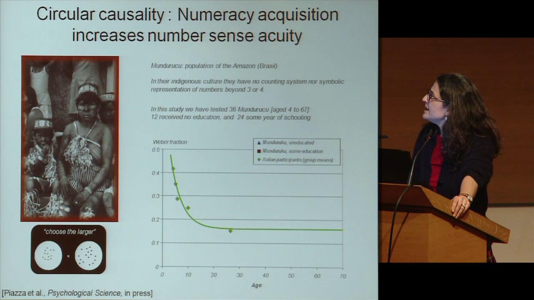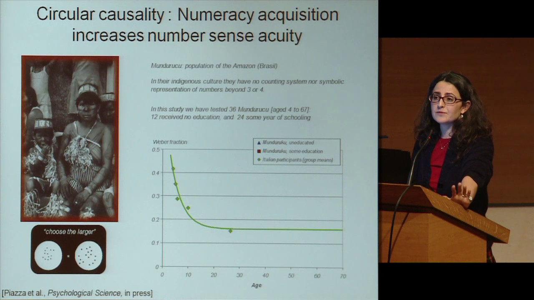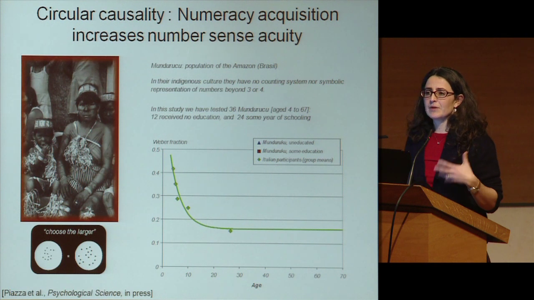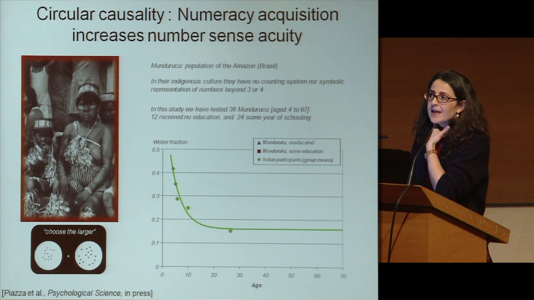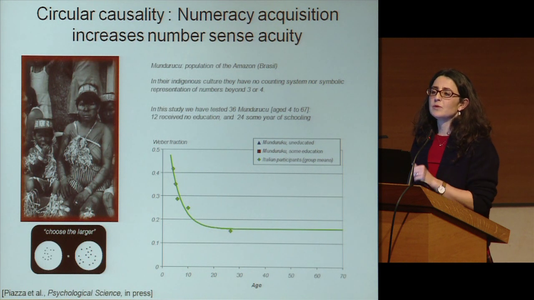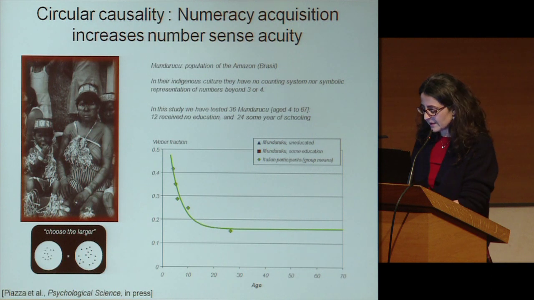This population doesn't have in their indigenous culture a system for exact counting. And as a matter of fact, they don't have symbols for exact numbers beyond 3 or 4. So their sense of number remains very approximate. However, some of them start to receive some education, and so they start attending some years of formal schooling.